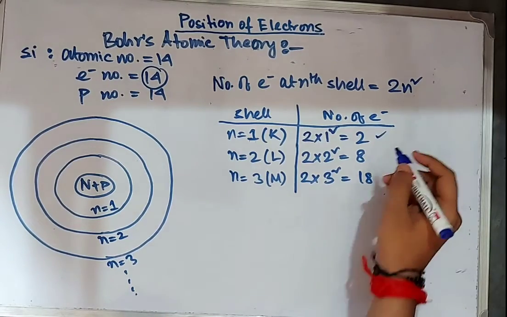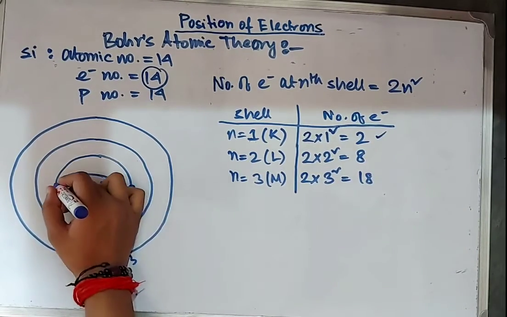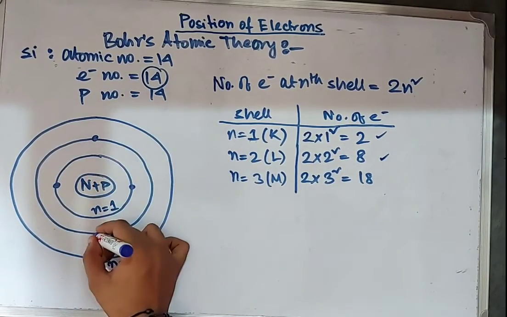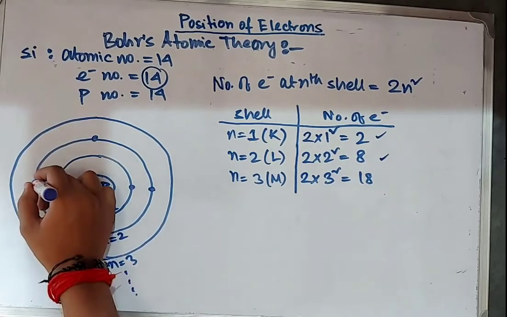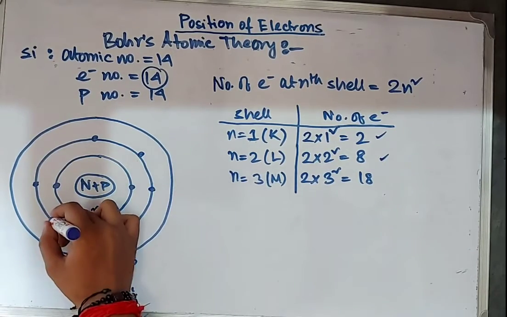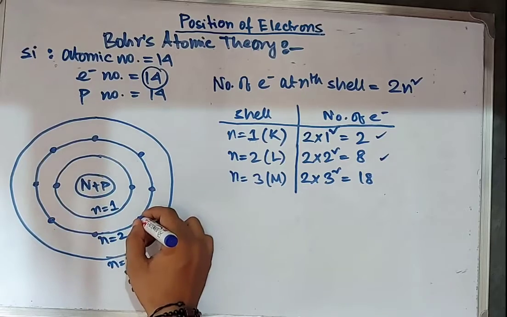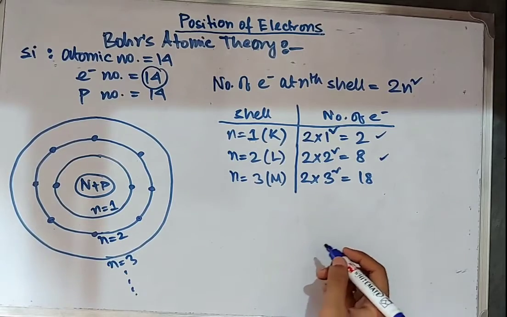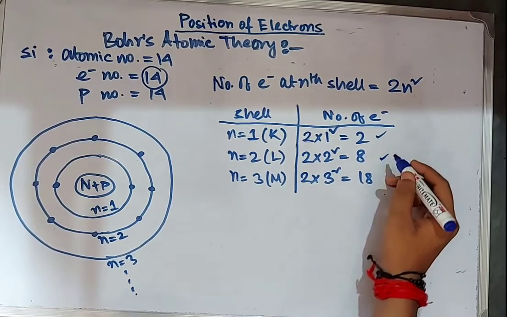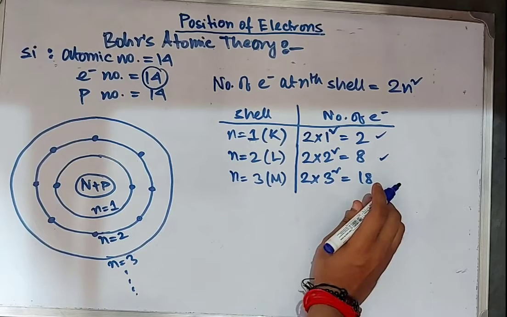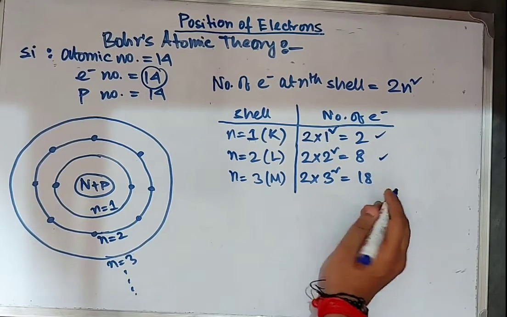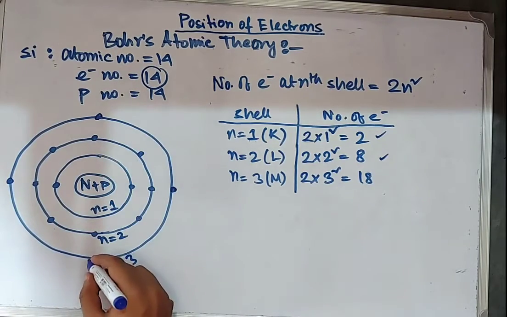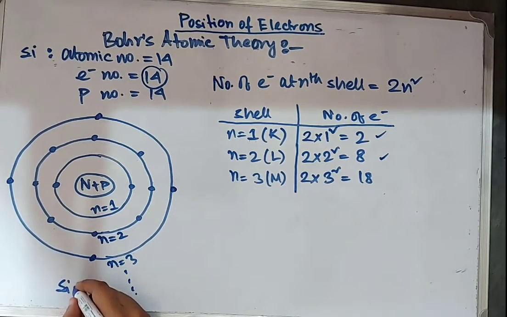So in the first shell we put 2 electrons, in the second shell we put 8 electrons, 1, 2, 3, 4, 5, 6, 7, 8. 2 plus 8, 10 electrons are placed, and the rest is 4 electrons, so I will put the 4 electrons in the third shell. So now this is a silicon atom.